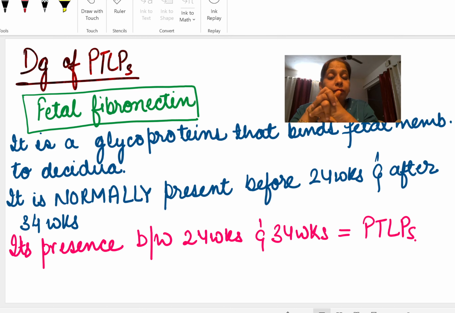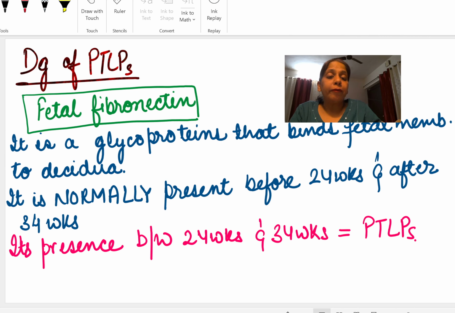Now when labor pains occur, then obviously this fetal fibronectin will get released. There will be no binding. Normally this fetal fibronectin is present before 24 weeks and after 34 weeks. There's a bit of controversy, 34 or 37, but both are diagnostic of preterm labor pains.